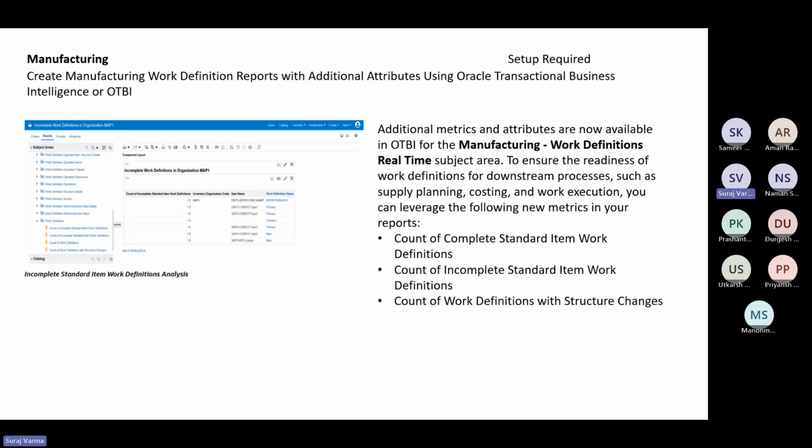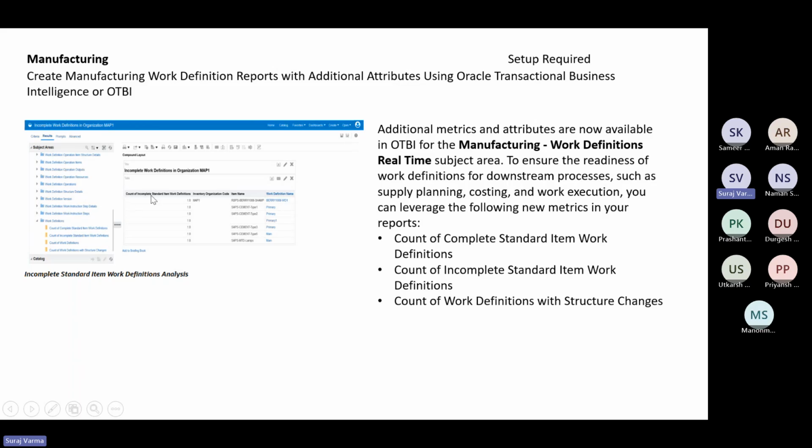One of the other key features introduced as part of Oracle Fusion Manufacturing is the work definition reports. For those work definition reports you have count-specific details, like the completed standard item work definition details, the incomplete item work definition details, and the work definitions with structure changes.